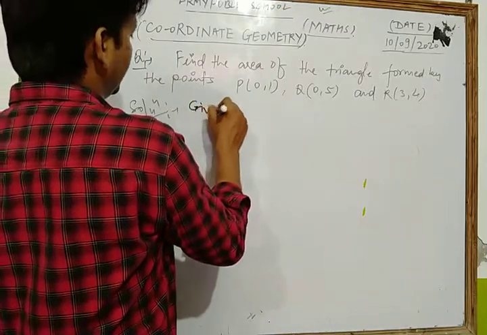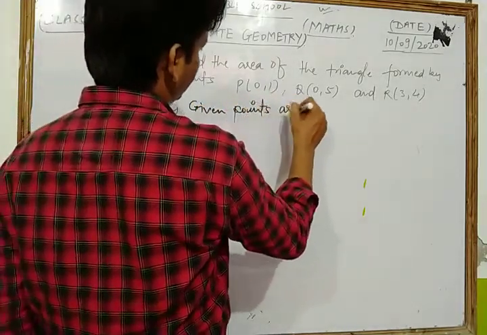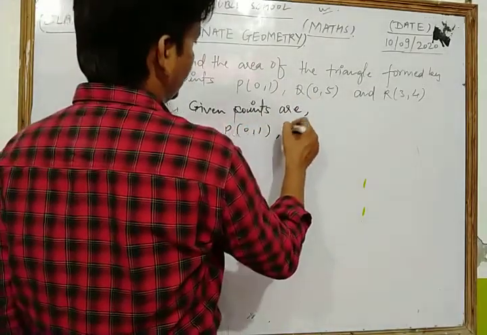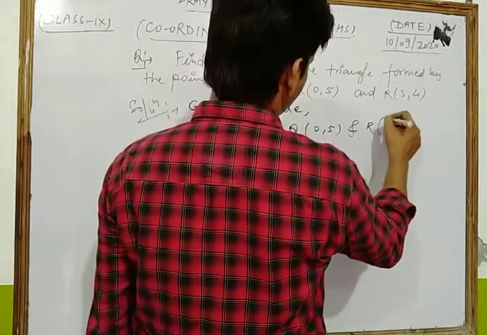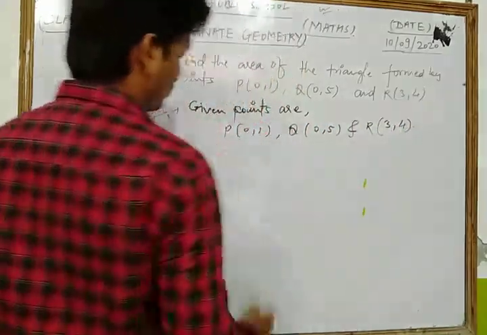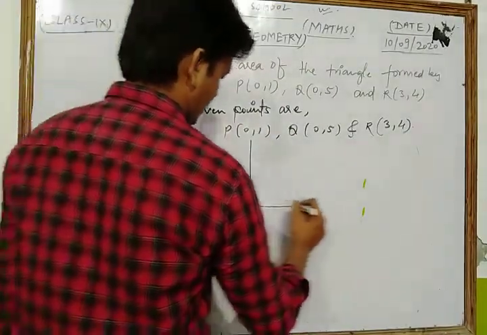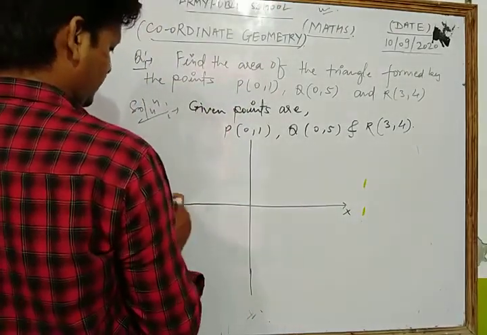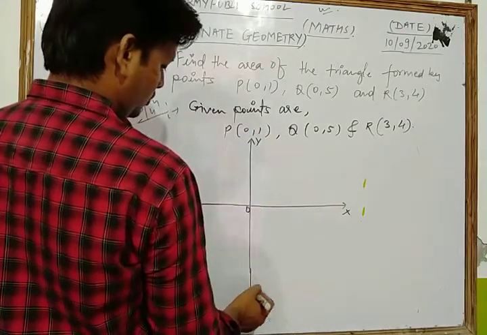First of all we write the given points: P as (0,1), Q as (0,5) and R as (3,4). Now we draw XO, X dash, YO, Y dash.